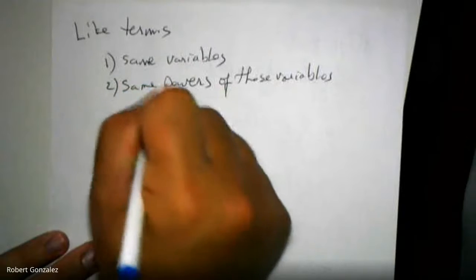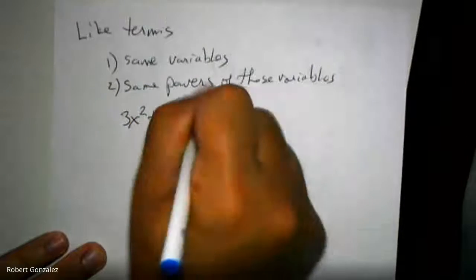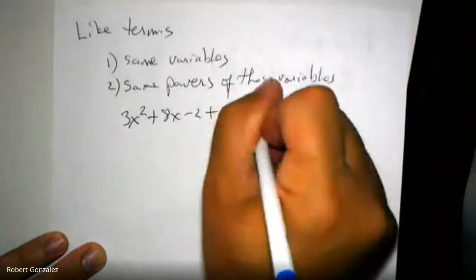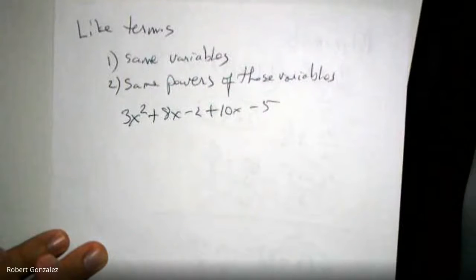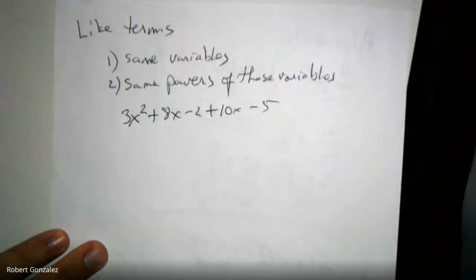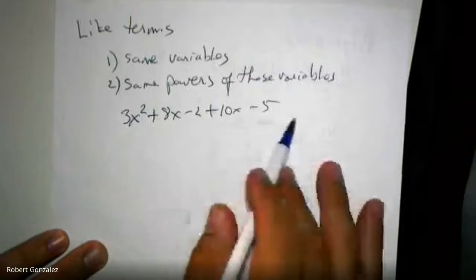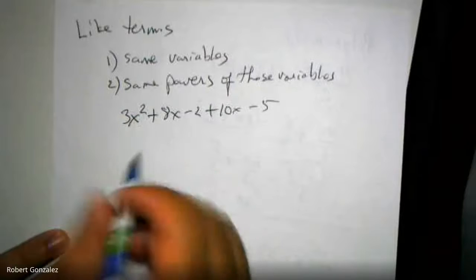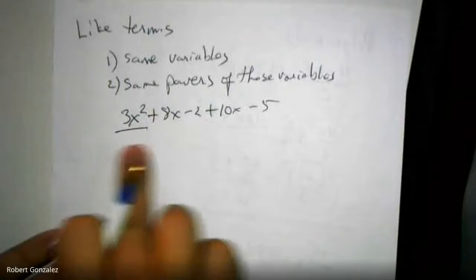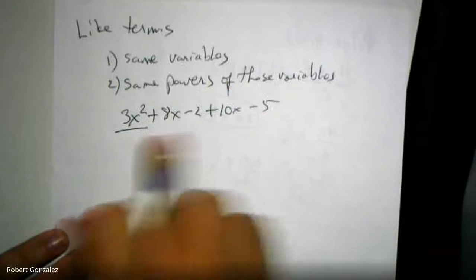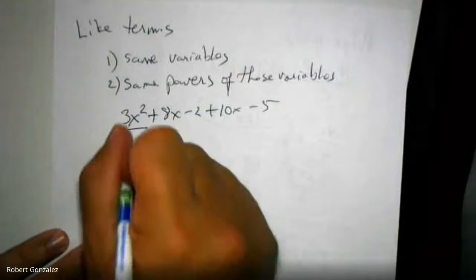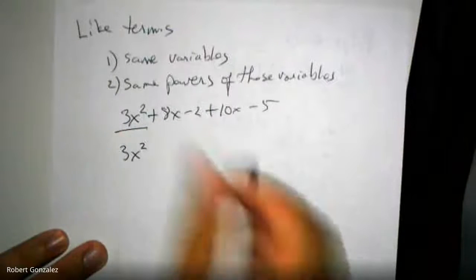3x squared plus 8x minus 2 plus 10x minus 5. A way to organize yourself is to start with the highest power, the 2, and underline it. Now underline any other x squareds you see. I don't see any more. So I'll just write it down here.